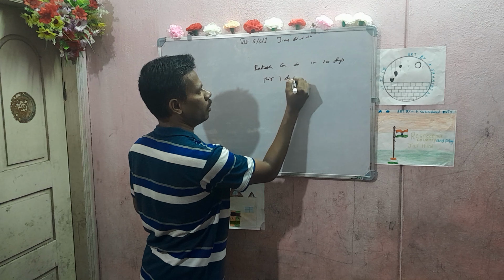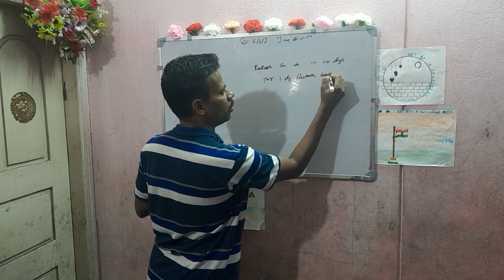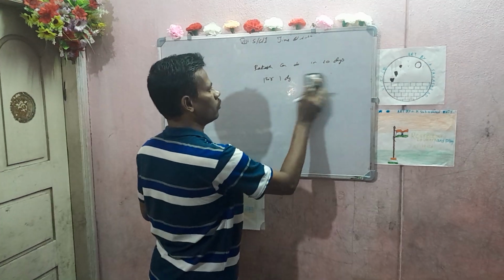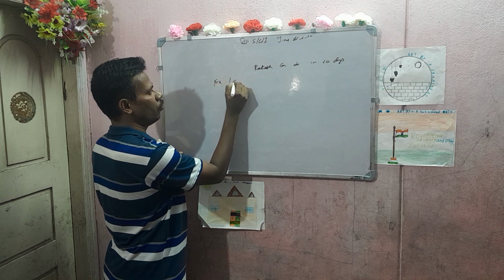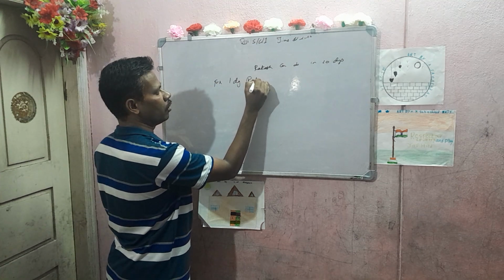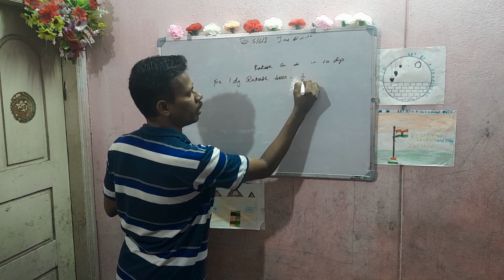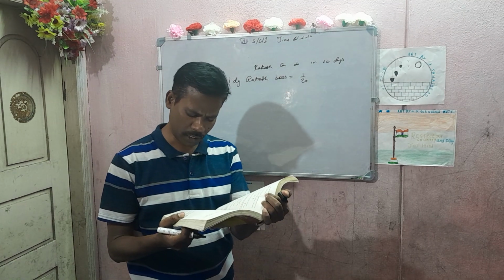For 1 day, Rakesh does 1 by 20. Always convert into 1 by 20 in 1 day.